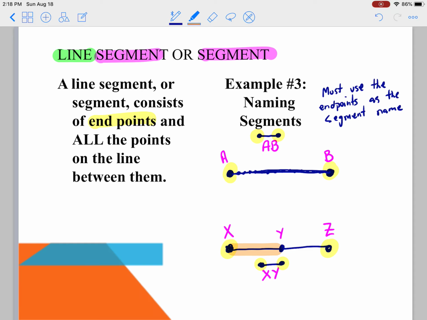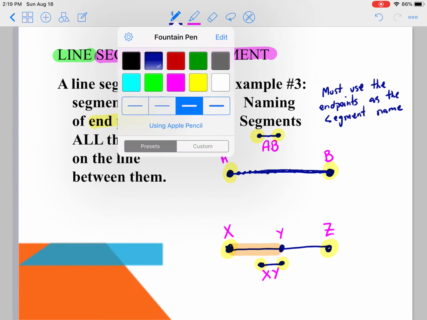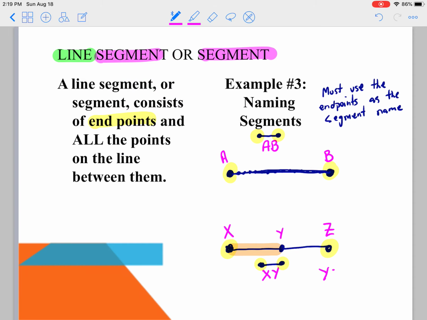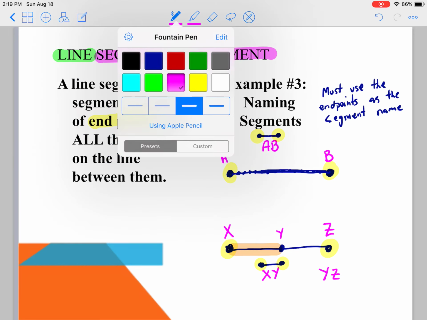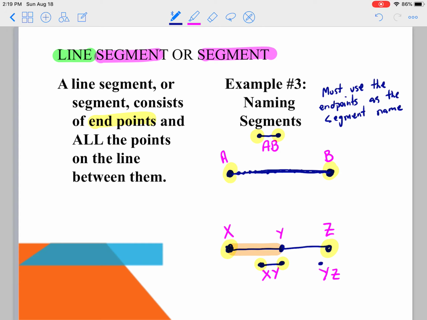I could also name a different segment as YZ. Okay, and I want to show that it is a segment. So once again, I will draw endpoints on my notation.